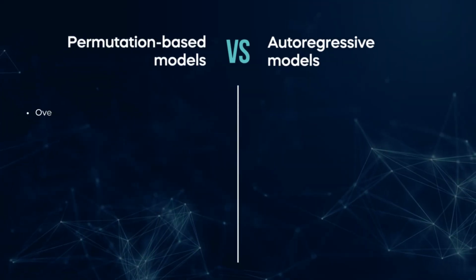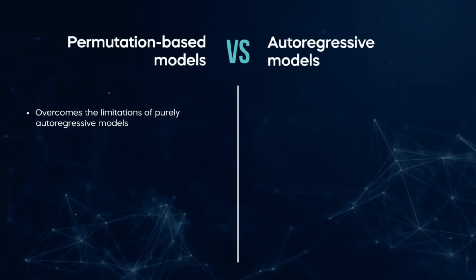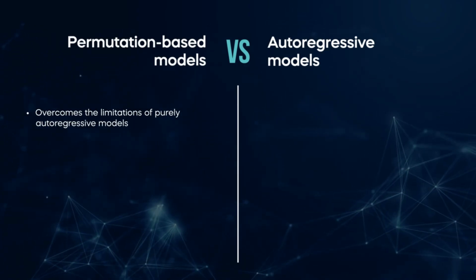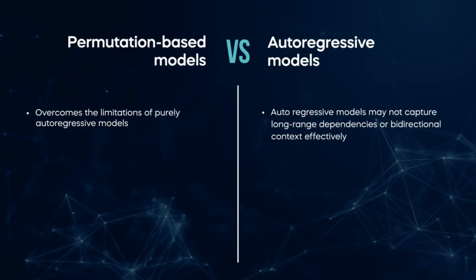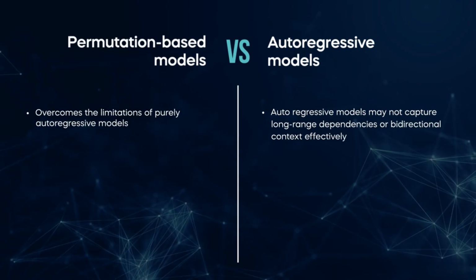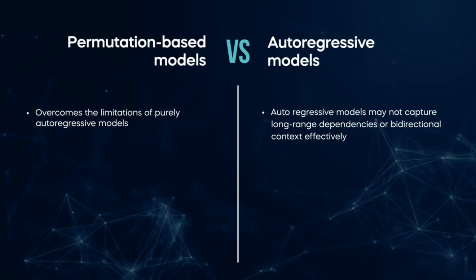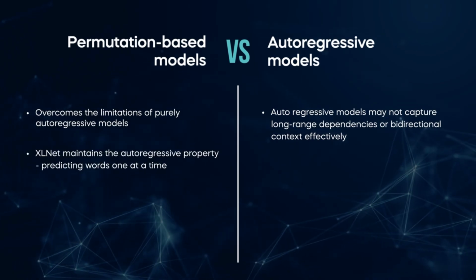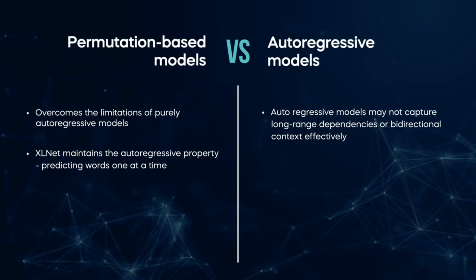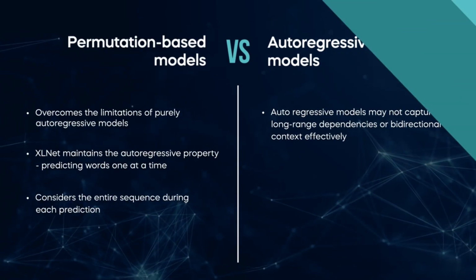The permutation-based training in XLNet overcomes the limitations of a purely autoregressive model, such as GPT. While autoregressive models generate words sequentially, they may not capture long-range dependencies or bidirectional context effectively. In contrast, XLNet maintains the autoregressive property of predicting words one at a time, but it considers the entire sequence during its prediction.